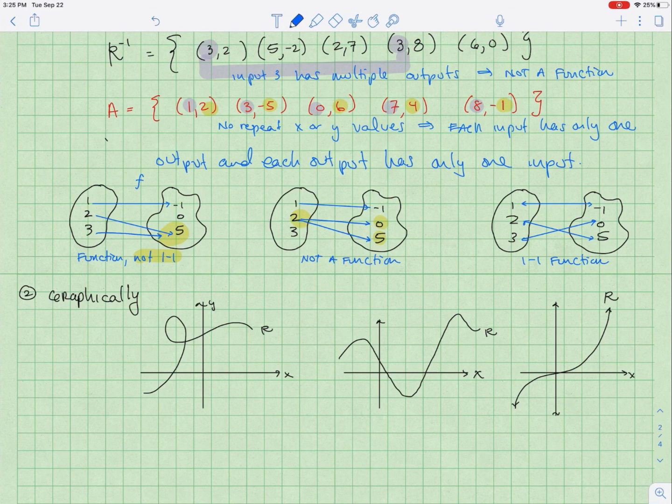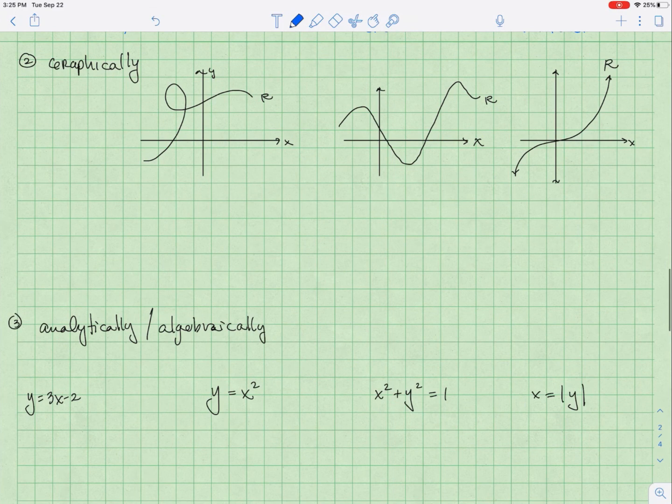Let's take a look at this idea graphically. What we're talking about here is basically the vertical line test, which says that if any vertical line intersects the graph more than once, the graph is not a function.